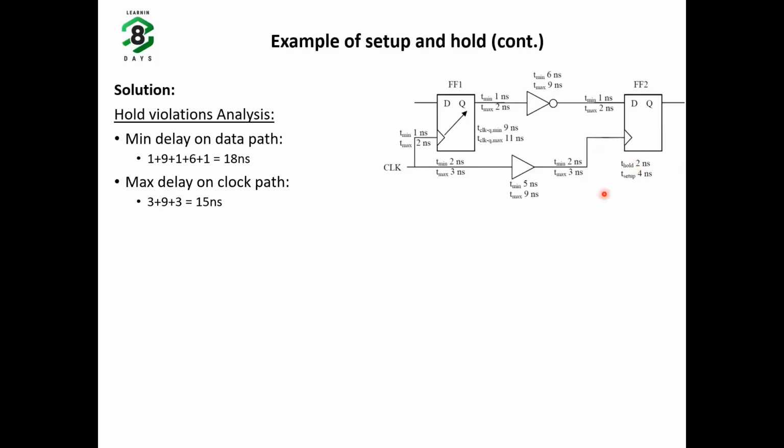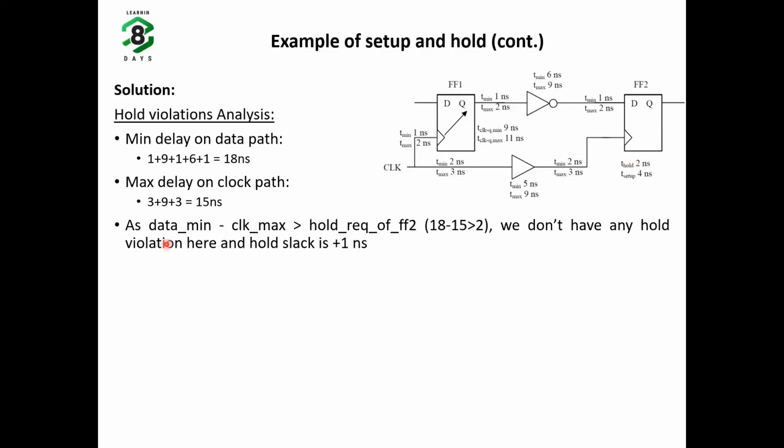We don't want the data to be arriving within 2 ns after the clock has reached, right? Now, as the data min minus the clock max is greater than the hold requirement of FF2, which is, data is reaching at the 18th nanosecond and clock is reaching at the 15th, right? And this is greater than 2 nanoseconds, right?